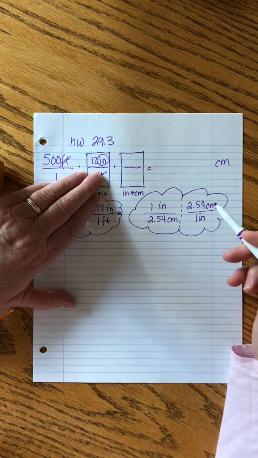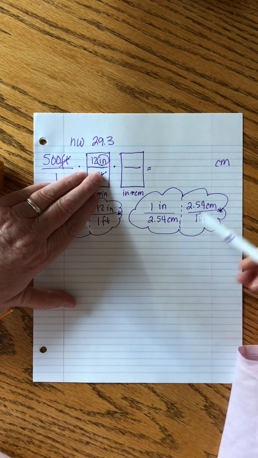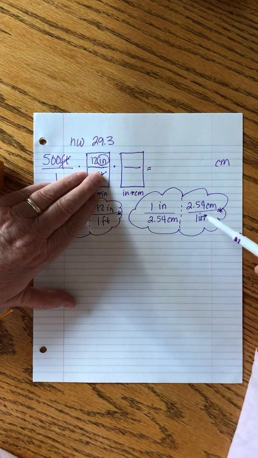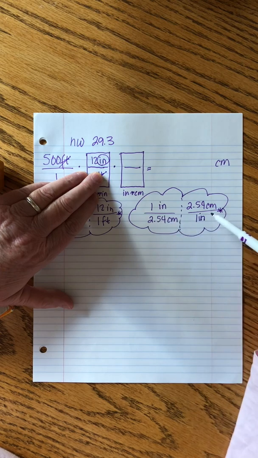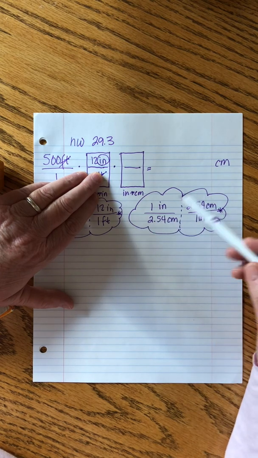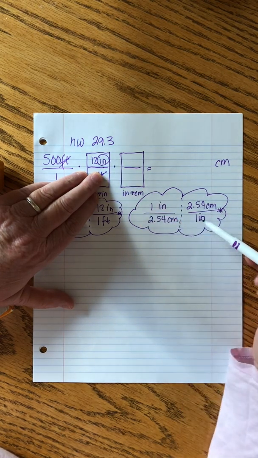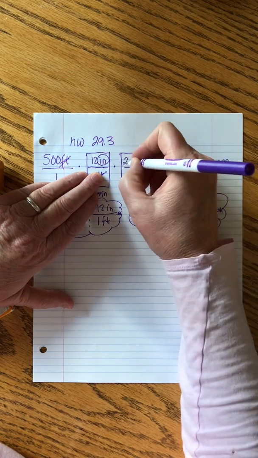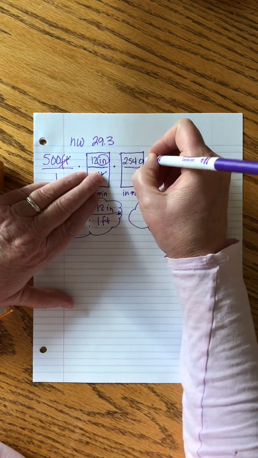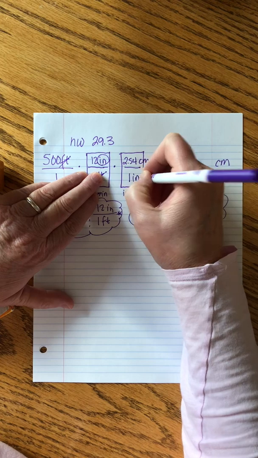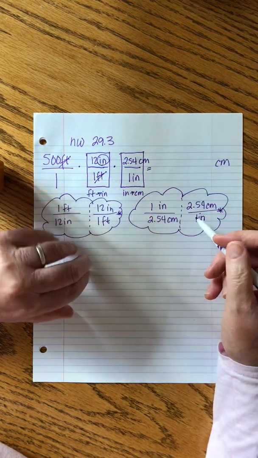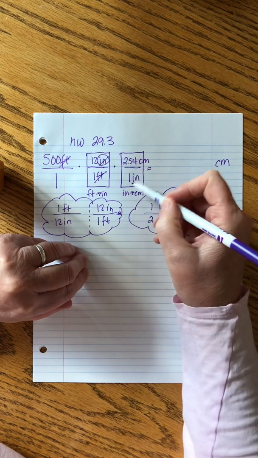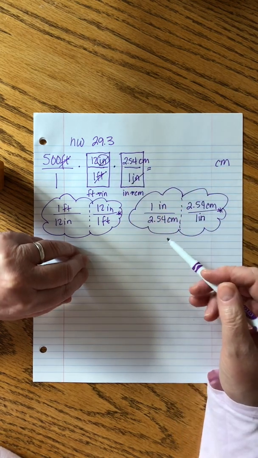Okay? It happens so many times that just the way I write them down, it just happens to work out that I end up choosing the one on the right. That's just random. As long as you write them down in either order, just pick the one that has the right unit on the bottom. So this will be 2.54 centimeters for every 1 inch. Now I'm going through the window into the metric system. The inches now cancel, top and bottom.